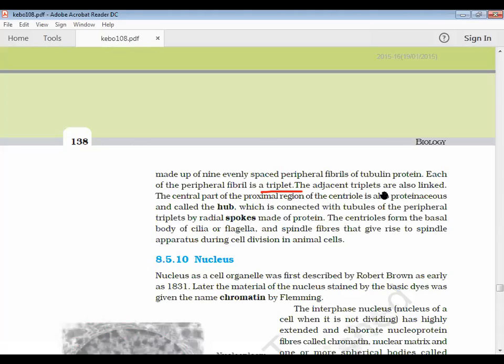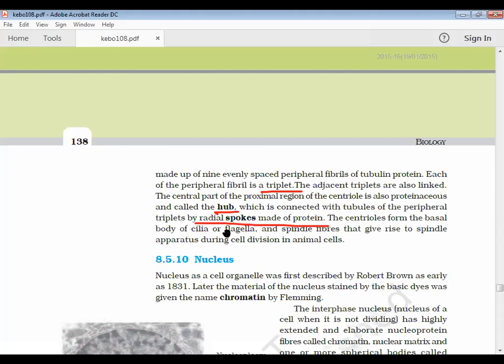The adjacent triplets are also linked. The central part of the proximal region of the centriole is also proteinaceous and called the hub, which is connected with the tubules of the peripheral triplets by radial spokes made of protein.